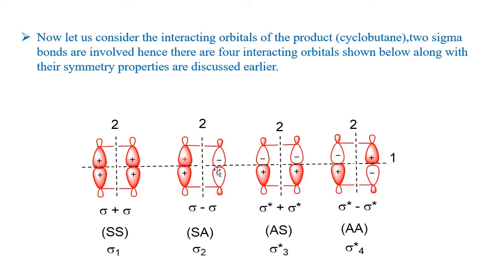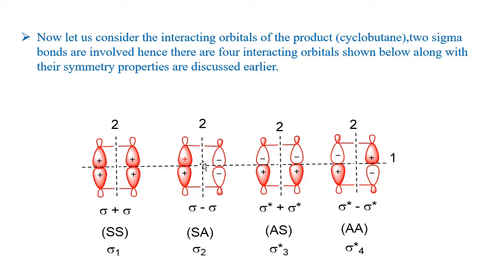And the second combination, you can see plus plus, minus and minus, and so it is subtraction combination. And in this subtraction combination, if you place a horizontal plane here, this half is the mirror image of this half, so it is symmetric with respect to horizontal plane.